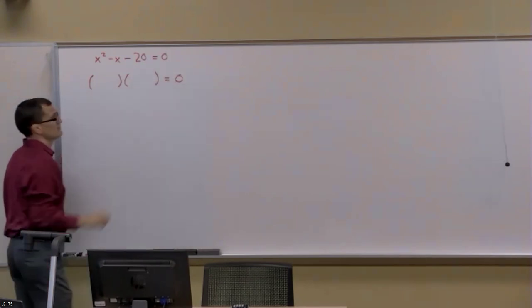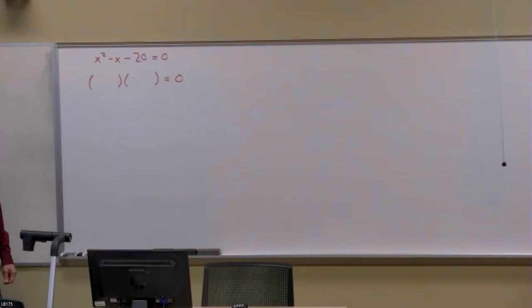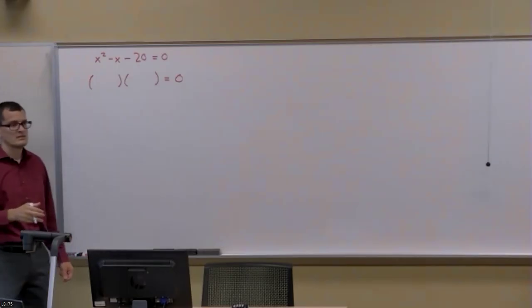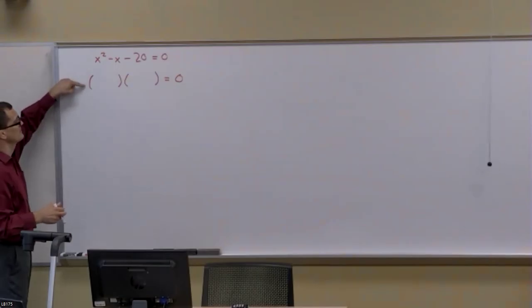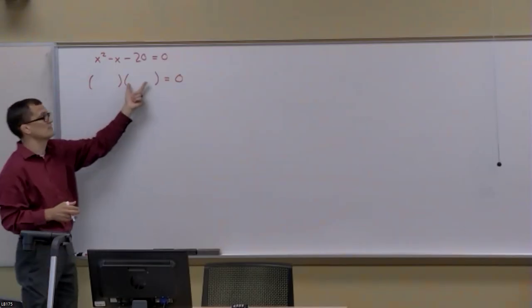I already have equal to 0 on the right, so I have the form that I want to begin with. And now I have to factor into 2 linear pieces. These are going to be binomials.